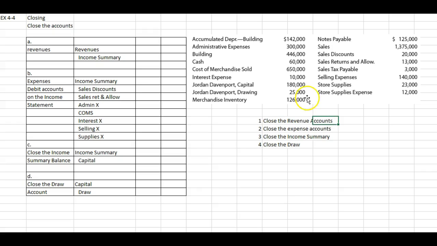So where are the revenues at on this sheet? Revenues are now called sales. We're in merchandising, so revenue equals sales. What kind of balance does the sale have, and this might help here. Let's just write this out. Sales balance typically is a credit. Expense accounts typically are a debit.